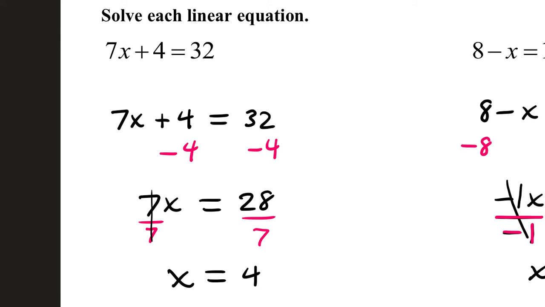Once you have separated your variable term from your numerical term, your final step will be to divide by the number attached to x. If you divide both sides by 7, that will lead to 1x equals 4.